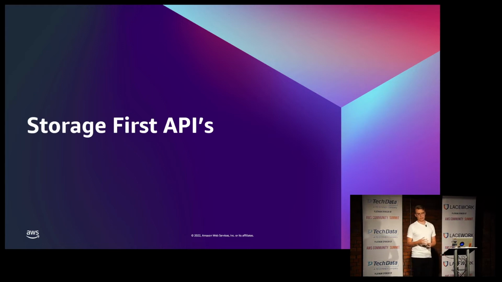And to do that, we're going to use a concept called storage-first APIs. What a storage-first API does is it's an API like any other. It's REST-based, but it doesn't perform any business logic. What your storage-first API will do is just take the request and store it. The first thing it will do is store the data that comes in.